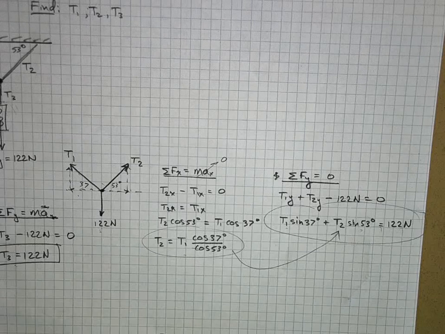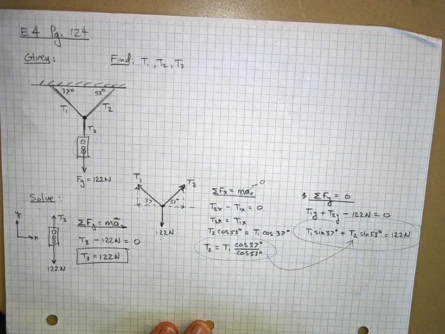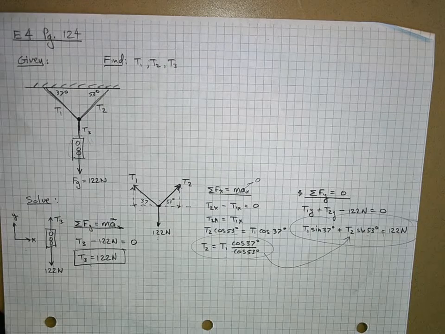And the answer turns out to be, I think, T1 turns out to be 73.4 newtons, and T2 turns out to be 97.4 newtons, but that's in your book. So check that. But the main thing is, this is how you set up the problem using the procedure. That is all.